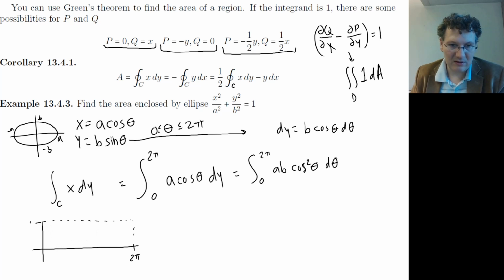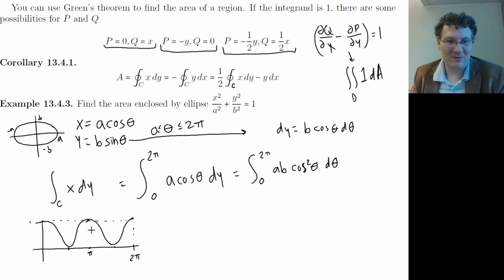It starts and ends at 1, and because it's squared, at pi it's also going to be 1, so it goes up and down and fills this region here, which is exactly the same area as the region that's not shaded up there.